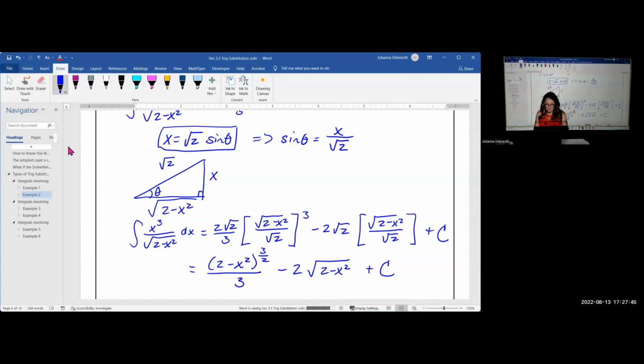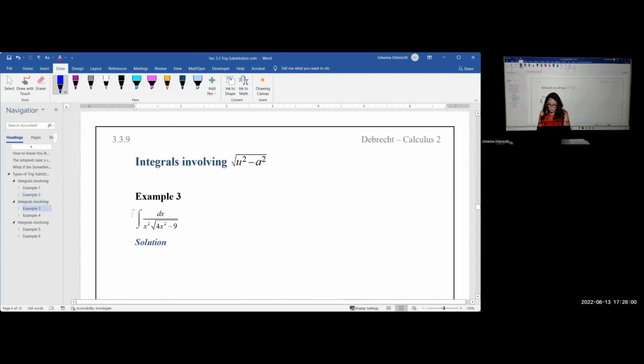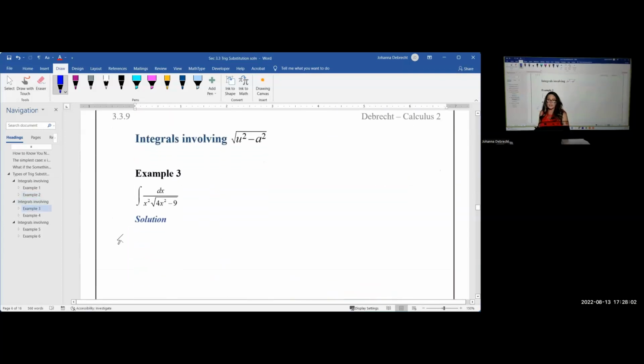So there are 3 basic types: constant thing squared minus variable thing squared, constant thing squared plus variable thing squared, and the reverse, variable thing squared minus constant squared. So in the next one, we're going to be looking at the variable thing squared minus the constant thing squared. So similar, but in reverse order.